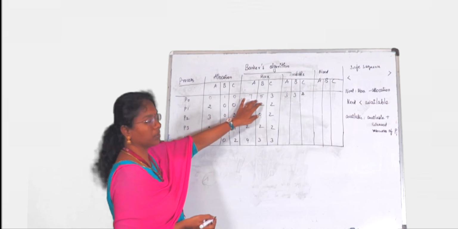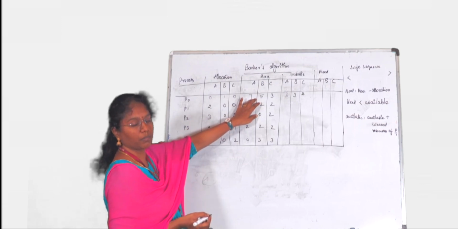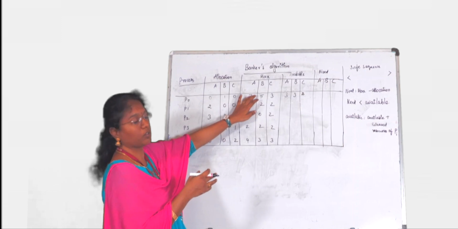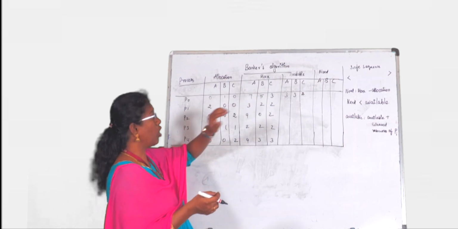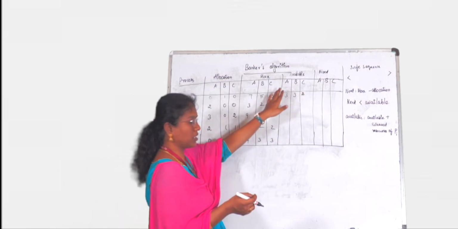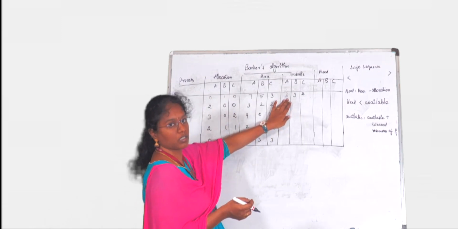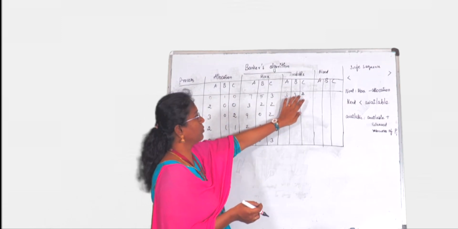This is the maximum of resources of process P0 across all three types. How much does it need to execute? And what are the currently available resources? 3 of A, 3 of B and 2 of C.